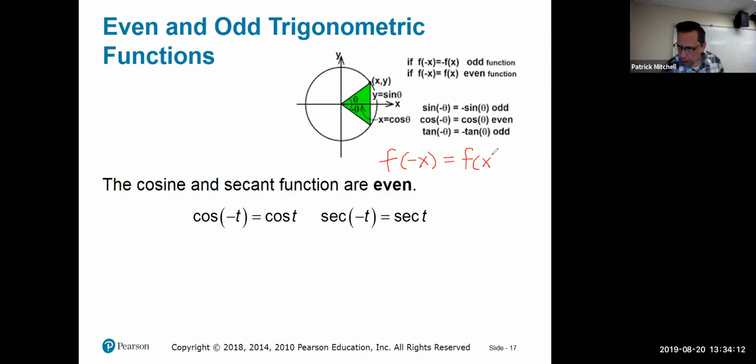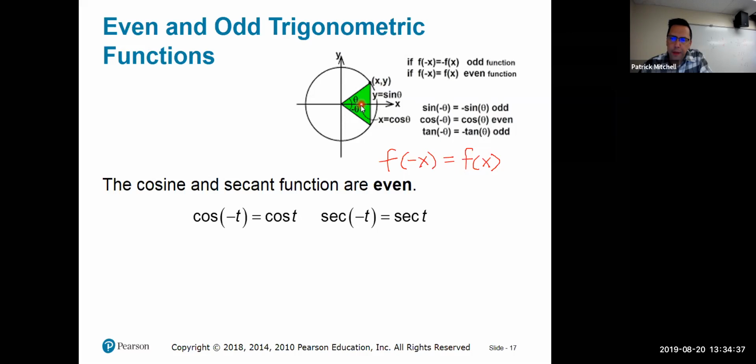Okay. So let's talk about why the cosine of opposite t is the same exact thing as the cosine of t. Well, I'm sorry, in the picture that I found on Google, they used theta instead of t. It was still the best picture that I found, okay? So if you have a theta here, that gives you the point x, y.